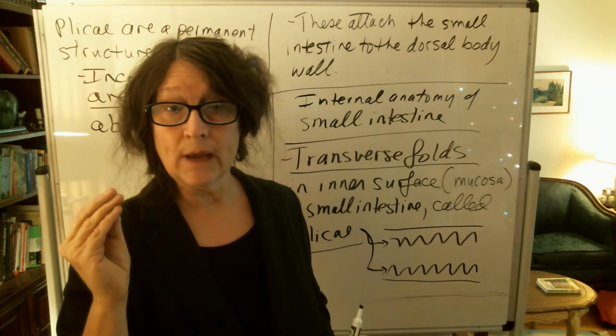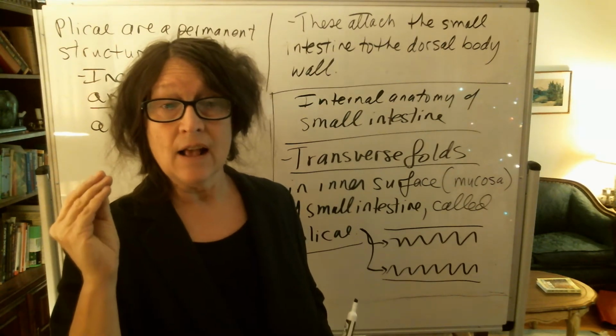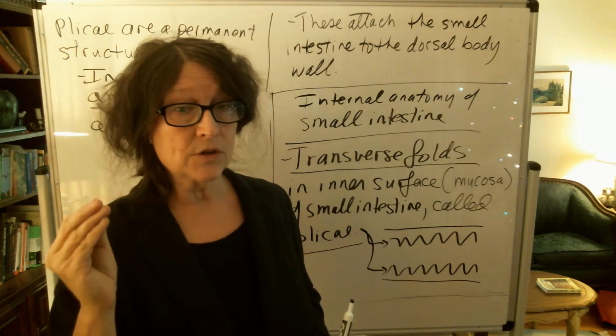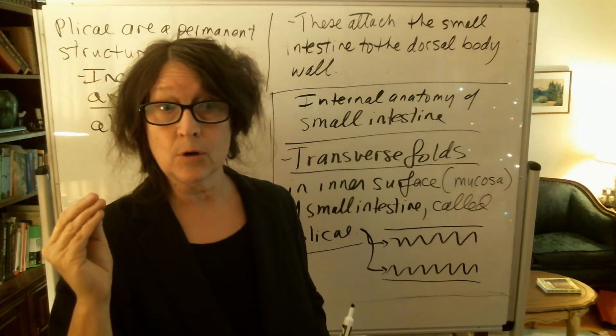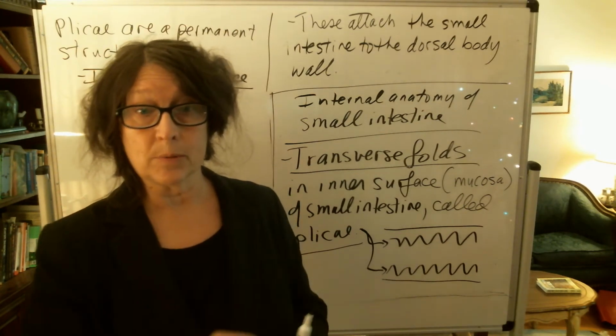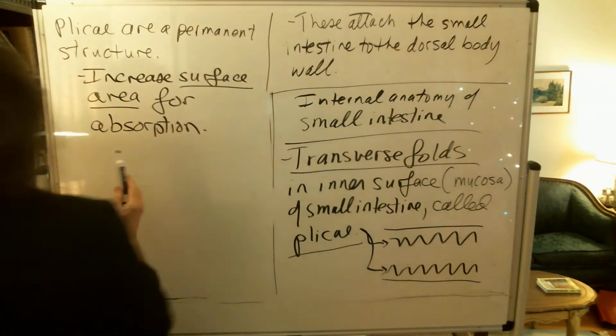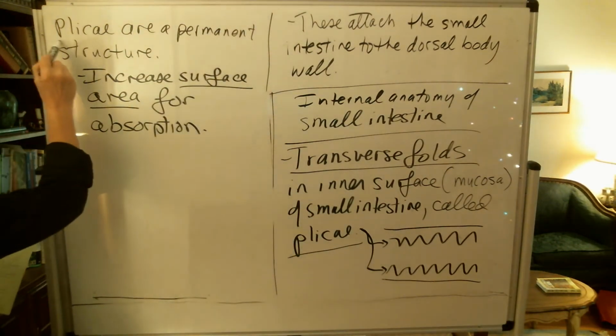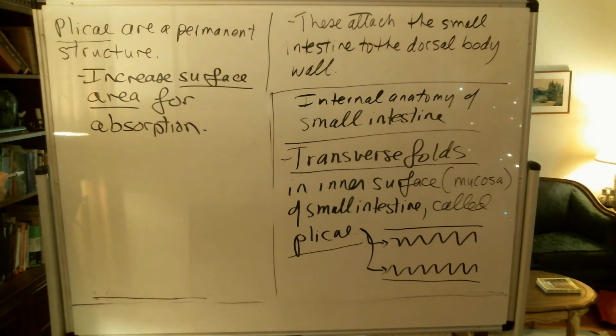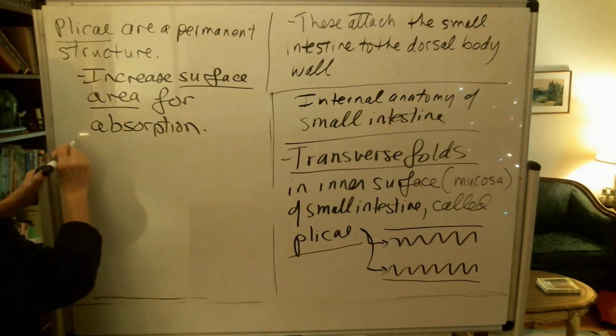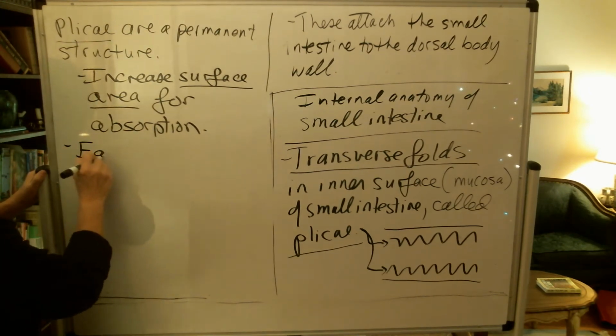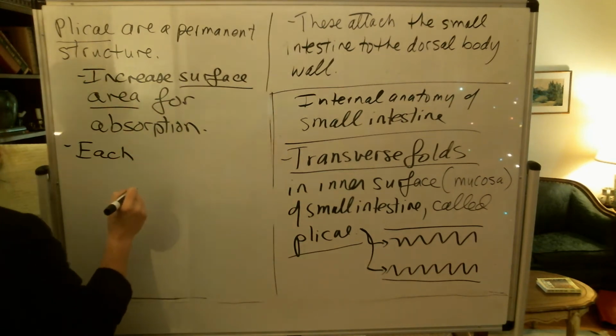So as a result, we have all of these little structures that allow for more surface area in our small intestine for absorptive purposes. So, as I said, we have the plicae there to help with that. And then we get more fine structure here.